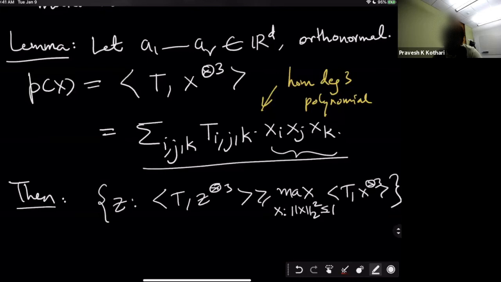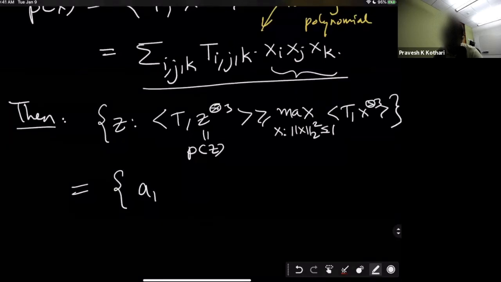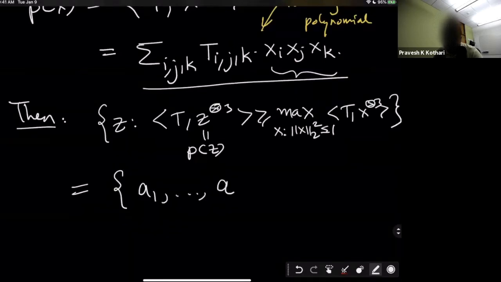So I take all z's such that the polynomial evaluated at z, p of z, is bigger than or equal to p of x when x varies over the unit sphere. So this is the set of maximizers of this degree 3 polynomial over the unit sphere. This set is equal to a_1 up to a_R.